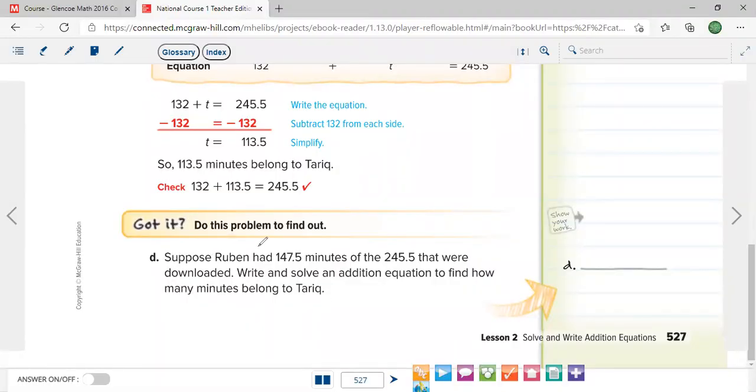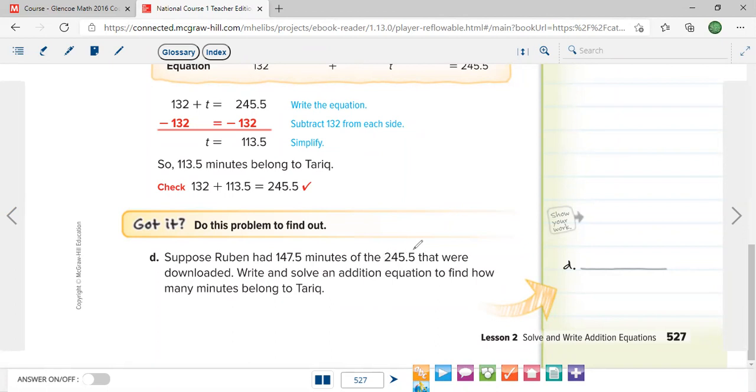Suppose Robin had 147.5 minutes of the 245.5 that were downloaded. Write and solve an addition equation to find how many minutes belong to Tariq.